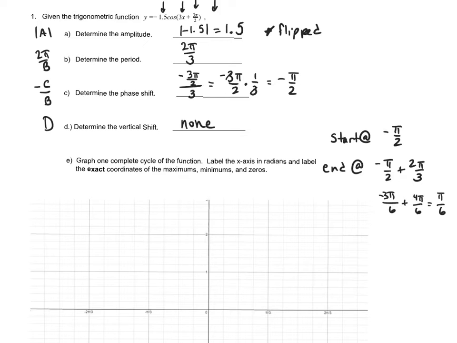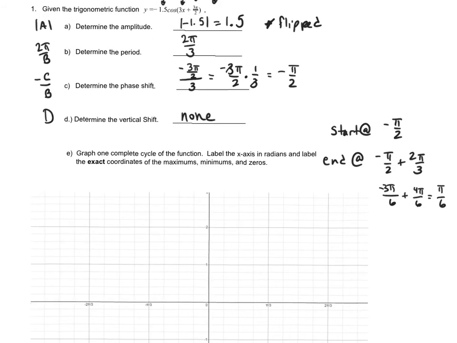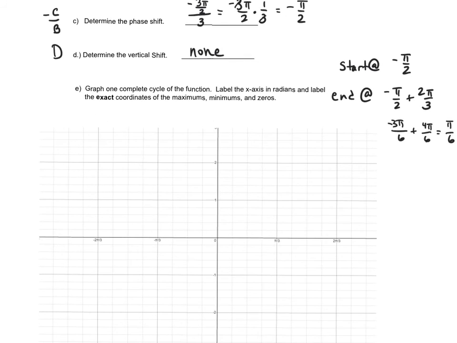So if we look down here on our grid to try to graph this, I know the middle is just going to be 0. And the amplitude is 1.5, so our top line would be here at 1.5. And our bottom line would be down here at negative 1.5.